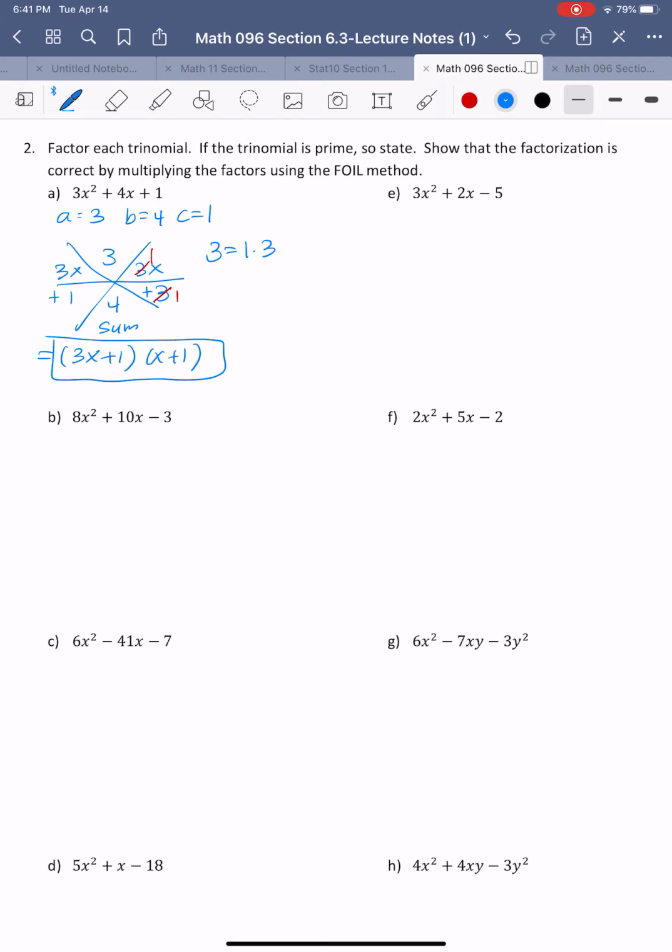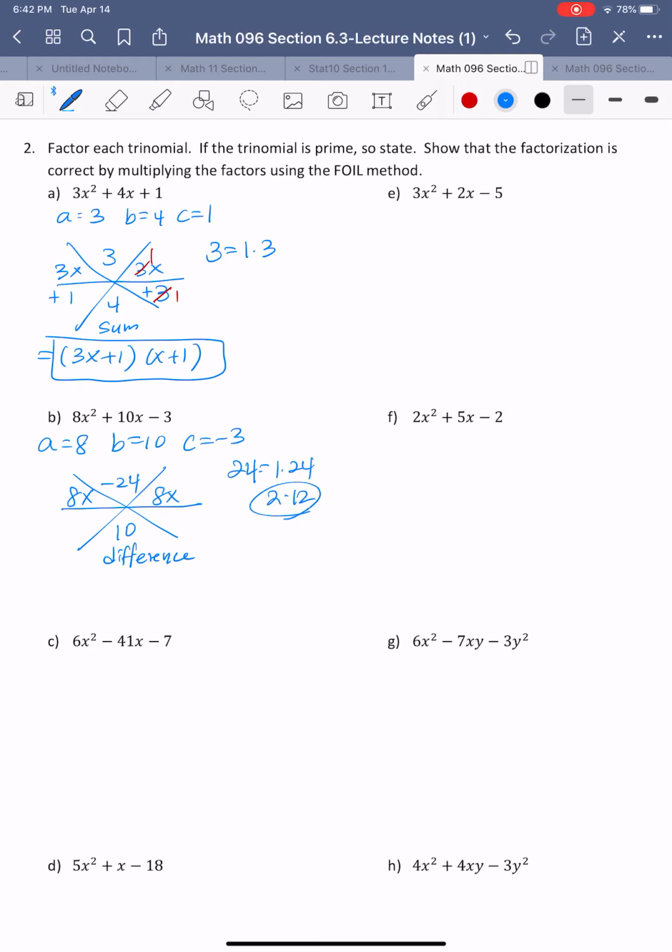And then B, 8x squared plus 10x minus 3. GCF is 1, 2, okay? So this time A is 8, B is 10, and C is negative 3. So X factor: 8 times negative 3 is negative 24, and 10 is the difference. And then 8x. So from the 24, to get a difference of 10: 1 times 24, 2 times 12.